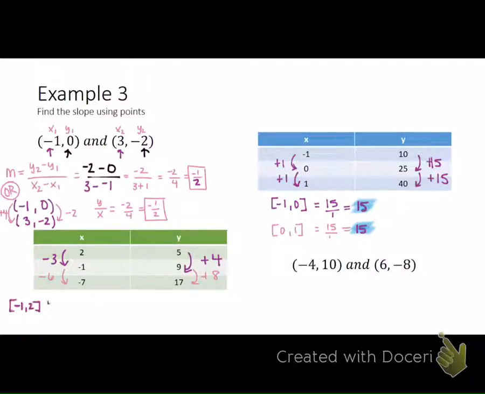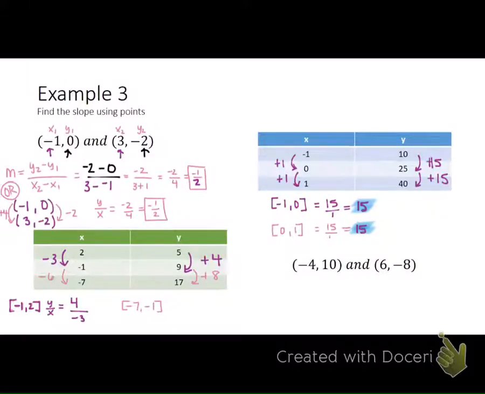You do y over x, and you get +4 over -3, right? That doesn't simplify, so that's good. And you do -7 to -1, which is +8 over -6. What goes into both of those? 2. So if I do that, that's 4 over -3. Do you get the same number then? So you get a -4/3 slope.